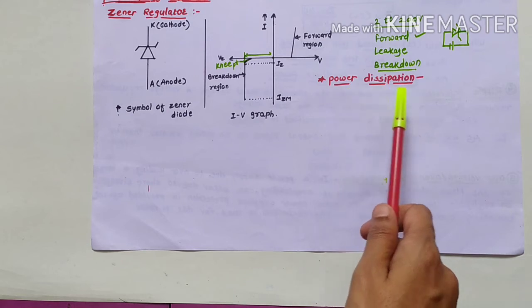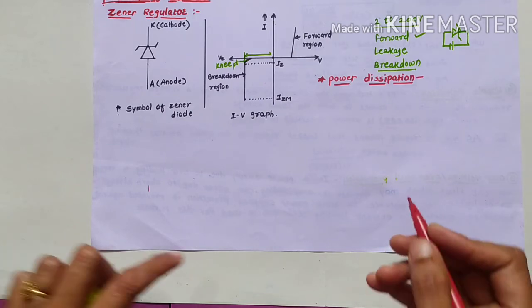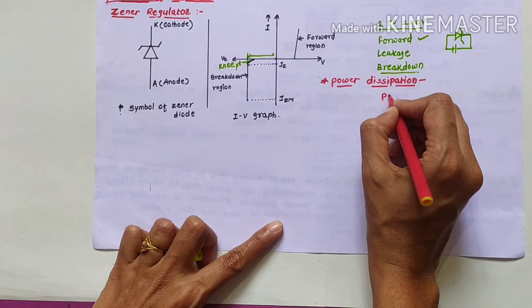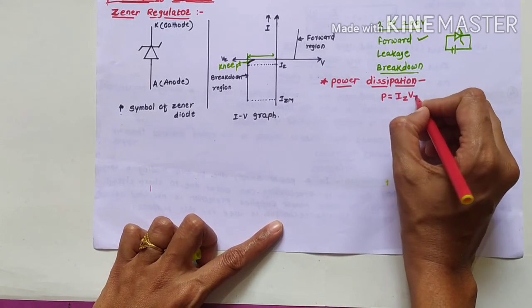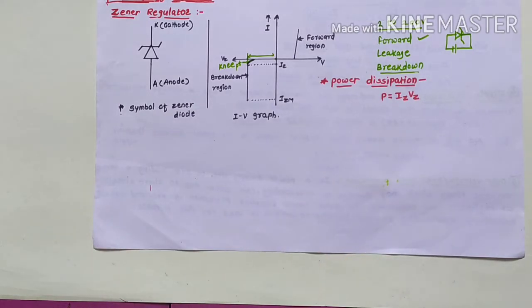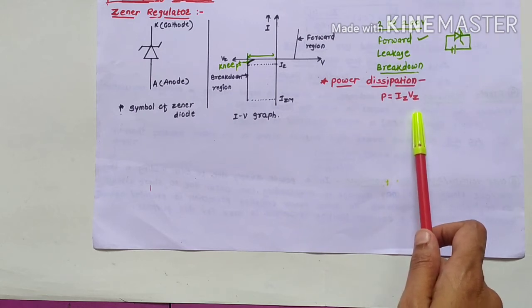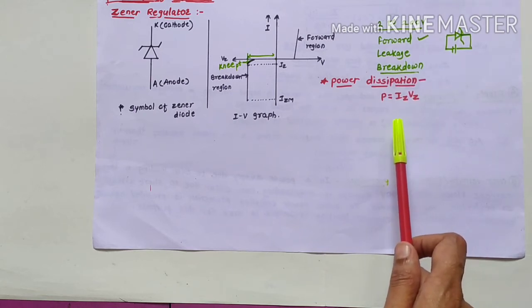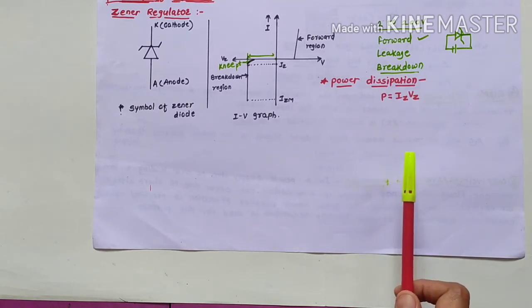First is the power dissipation, which is the product of voltage and current. P is equal to current across the Zener multiplied by voltage across the Zener. As long as PZ is less than the power rating PZM, the Zener diode can operate in the reverse breakdown region without being destroyed.